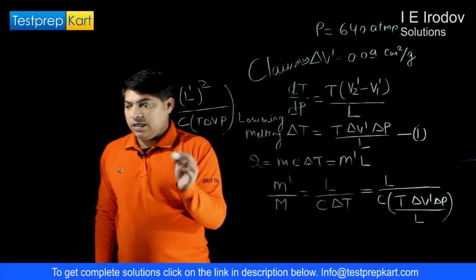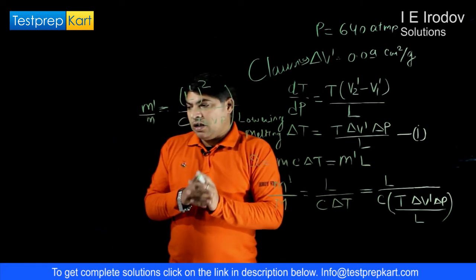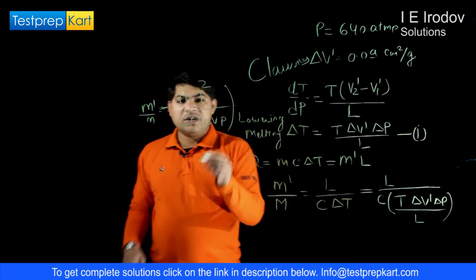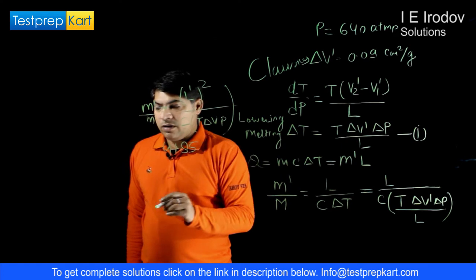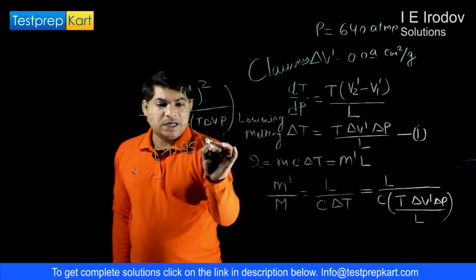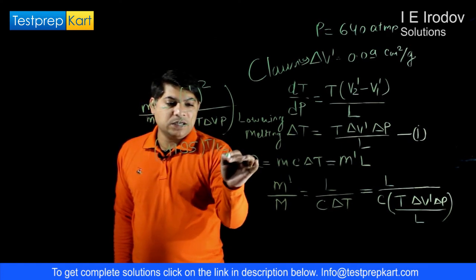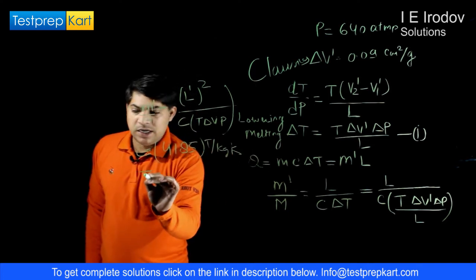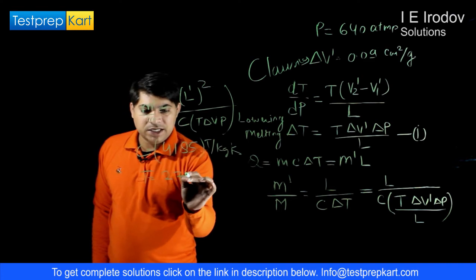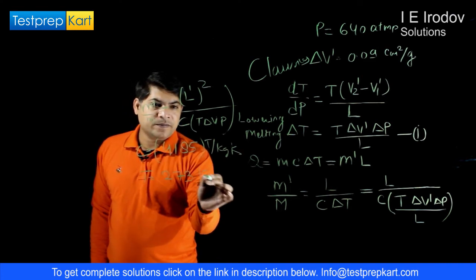Now we have all available values which we can substitute. C is 4185 joule per kg Kelvin, this is the value of C for water. T, the standard temperature, is 273 Kelvin.